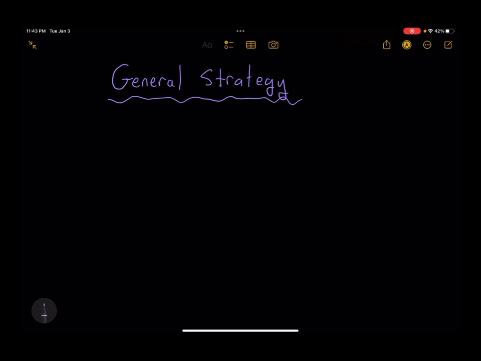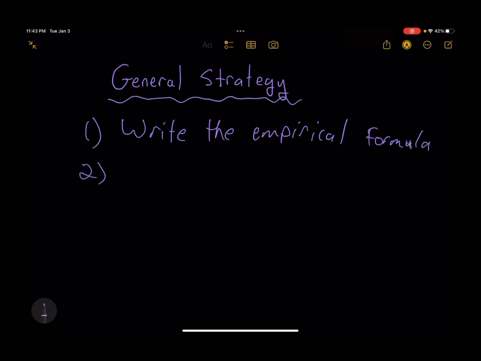So for the general strategy on deciding whether compounds are isomers or not, the first thing you should do is, I'll say, write the empirical formula. Right? And once you write the empirical formula, really the second step, and it's going to be kind of obvious, but the second step would just be to see if compound formulas match.